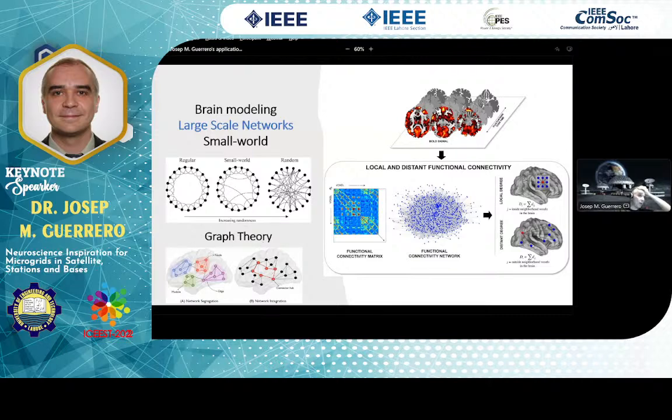So we are applying graph theory to our brain. We have edges and nodes, the same as in an electric system. And we also have important connection hubs, and some parts named rich clubs, which have a lot of connections.